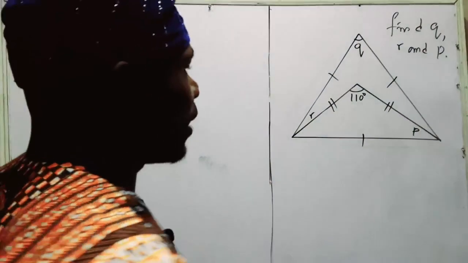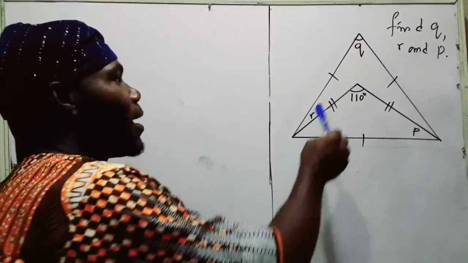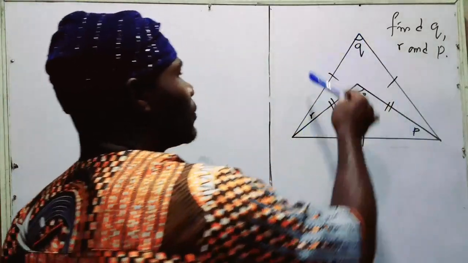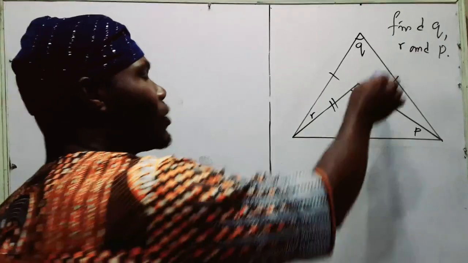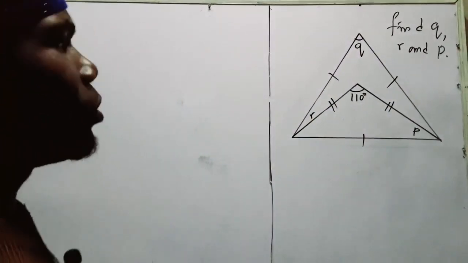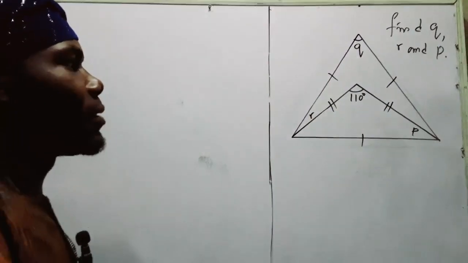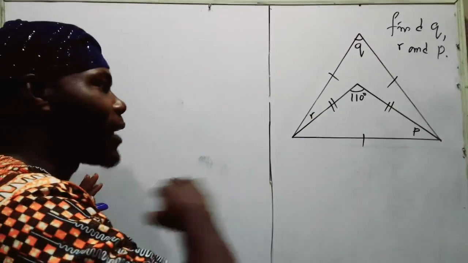So the inner triangle shows us that this is what? An isosceles triangle. And the bigger triangle, with sides marked 1, 2, 3, shows us that this triangle is an equilateral triangle. Knowing the properties of a triangle enables you to solve and get the exact values.